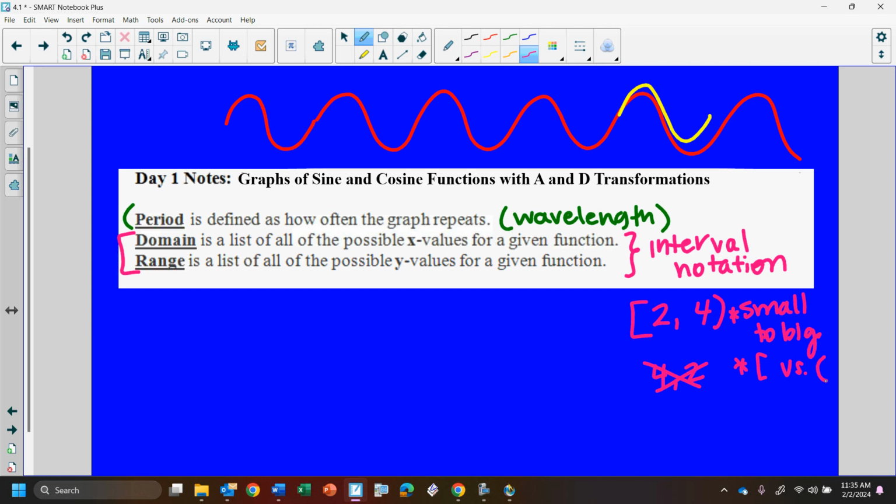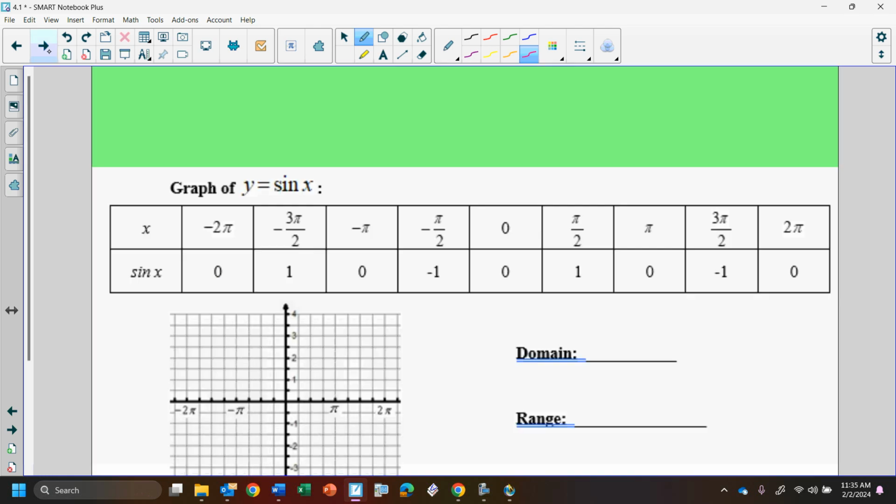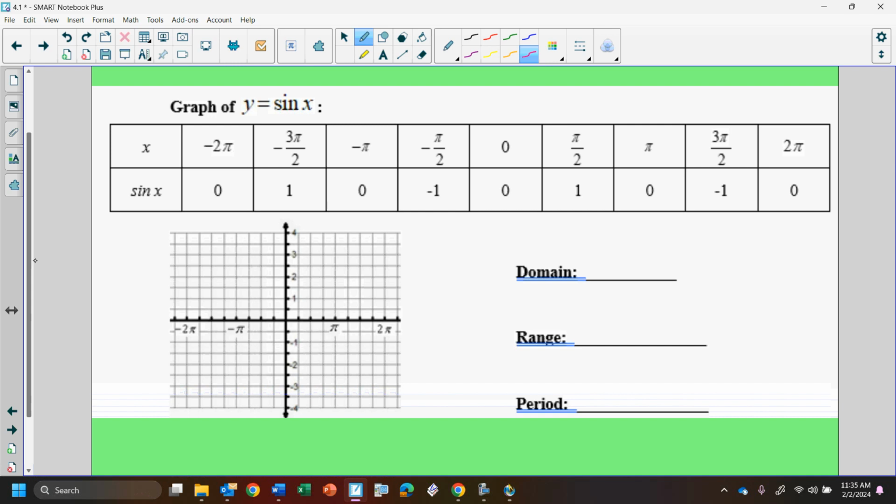All right. So, up next, here it comes. We're going to graph our very first sine graph. You'll notice that there's a table here, and it's already completed. Those of us that did our homework, does it look familiar?